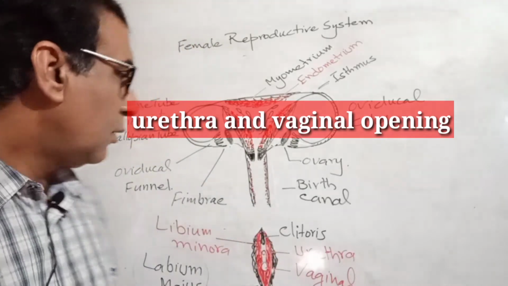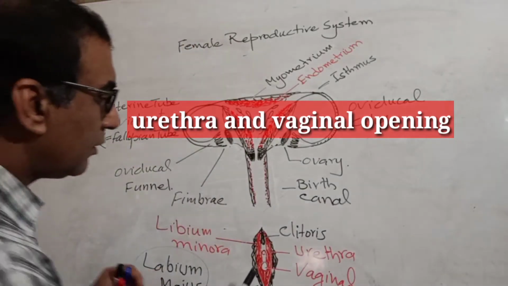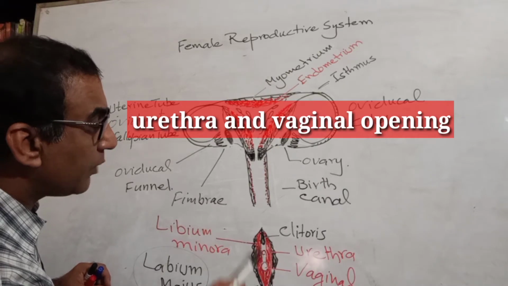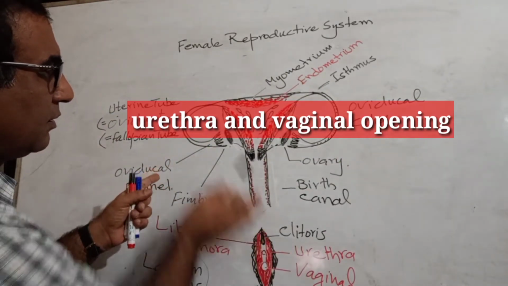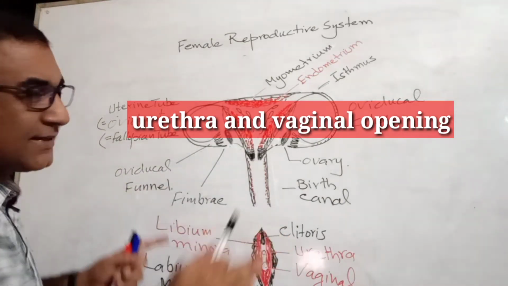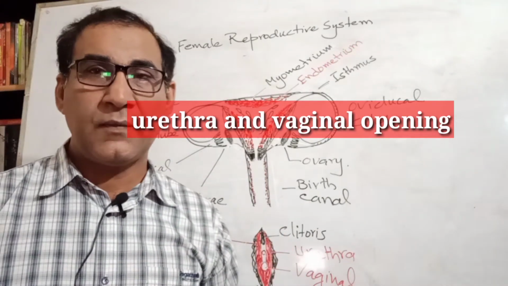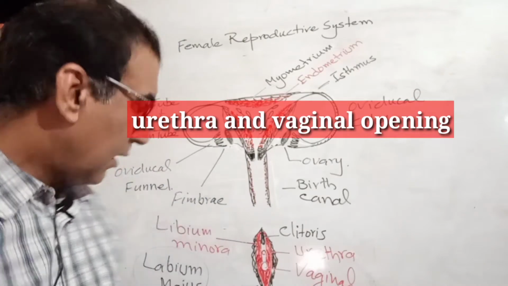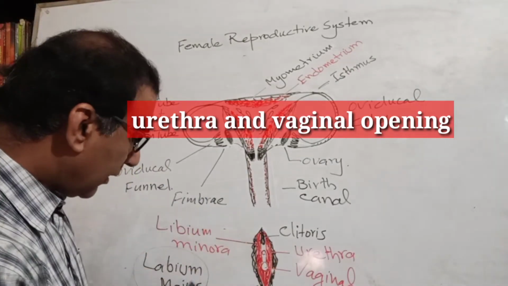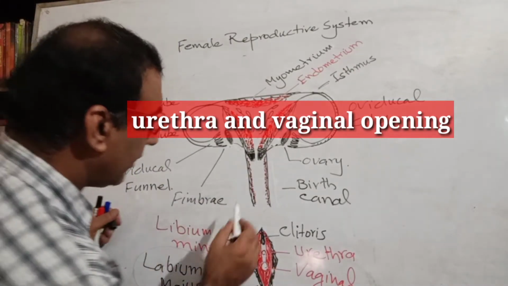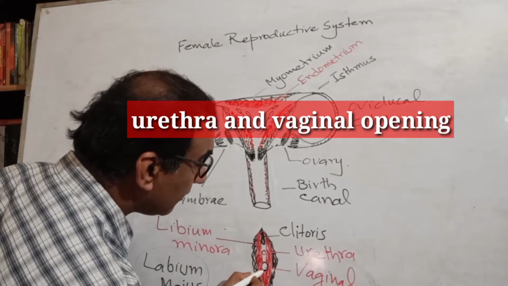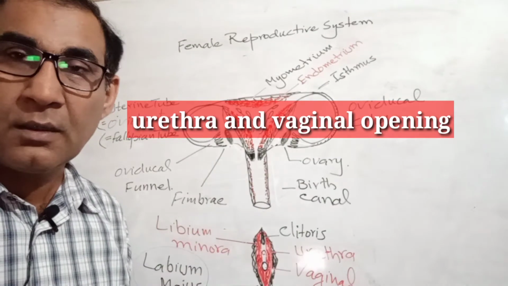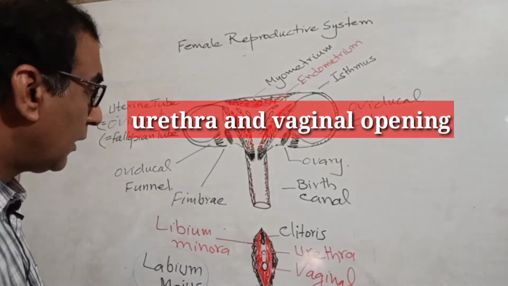Now you can see that this opening opens here. I have drawn this longitudinal section of the female reproductive system. So this opening here is actually this opening.